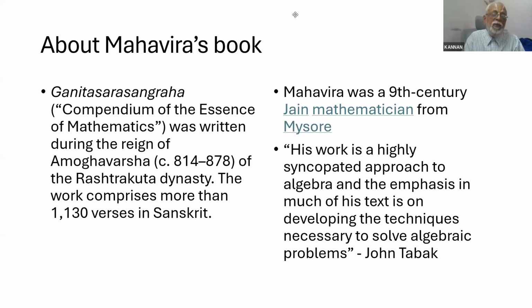The problem that we are now seeing is also an algebraic problem. Mahavira's book gives techniques necessary to solve these problems. This may be slightly different from earlier books. We have said so much about this formula, but the proof is not given in Brahmagupta's book.